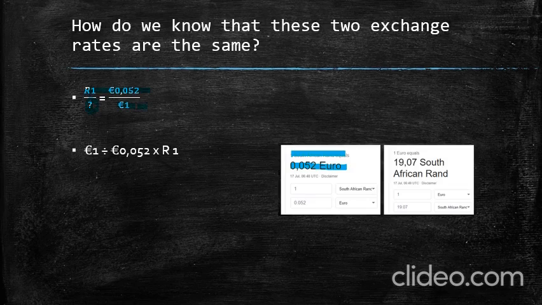So then we do the same, we divide up and we multiply across, and then we get 19,23076923, which we see over here is slightly different to what we have here. But remember, what we did with the 0,052 is we rounded it off. We had more decimals that actually were part of that answer.